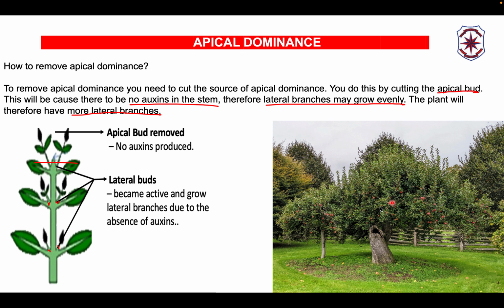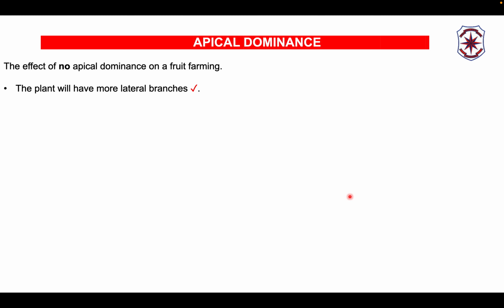Trees with less apical dominance form more branches, and they do not grow as tall as those trees with apical dominance. Question: is it a good thing to have more lateral branches on a tree? Let's check. There is a commercial advantage to it, especially commercially in fruit farming. You should know this, please.